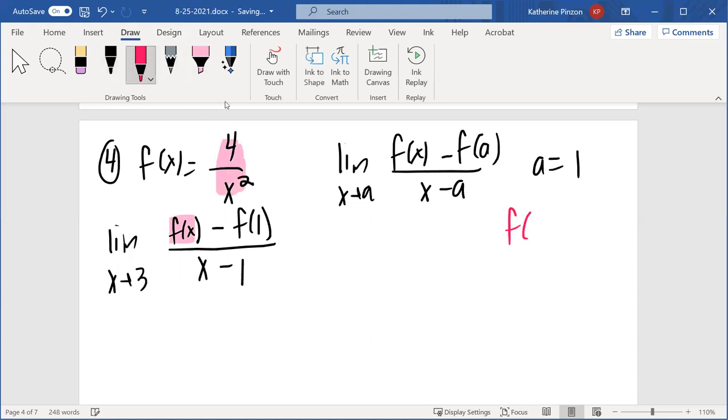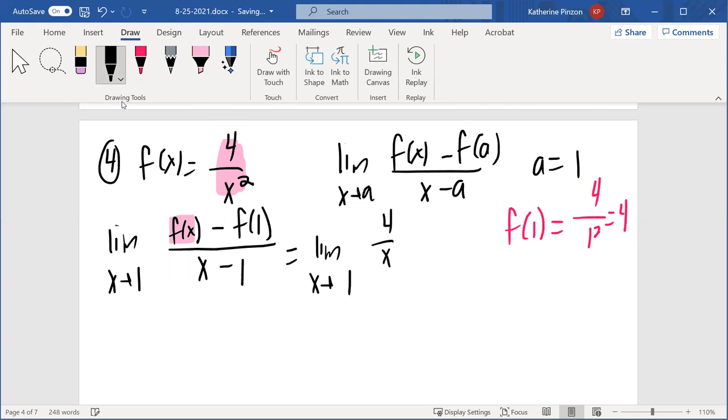Okay, f of x is this guy. F of 1 is 4 over 1 squared, or 4. So I have the limit as x approaches 1 of f of x, 4 over x squared, minus f of 1, 4, all divided by x minus 1.